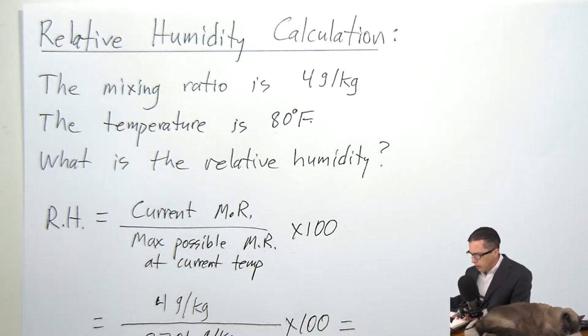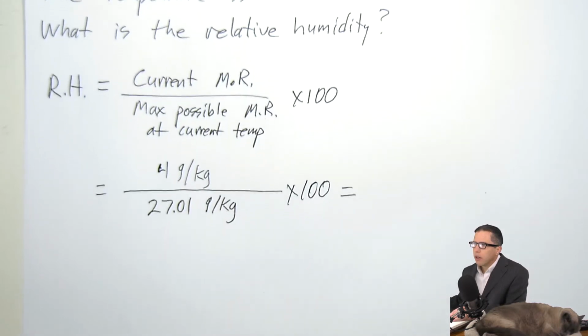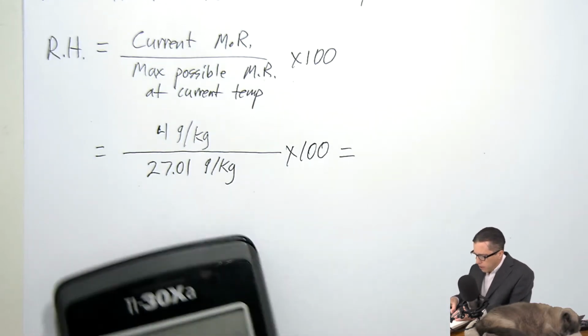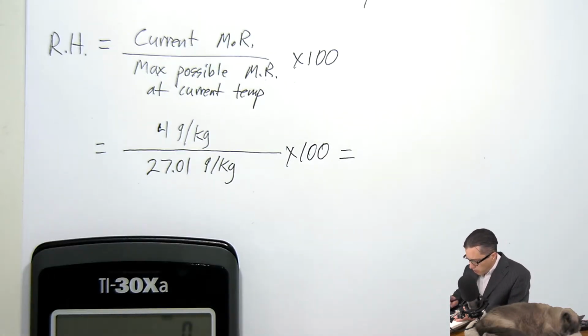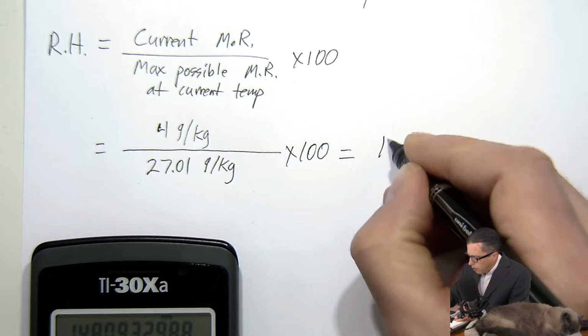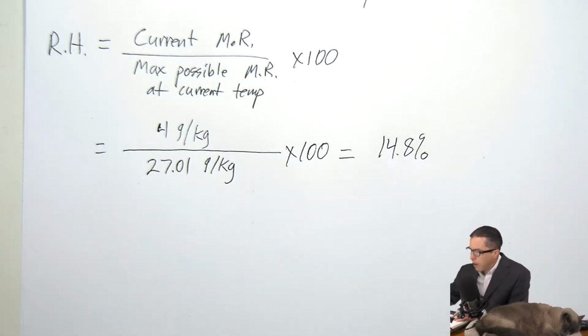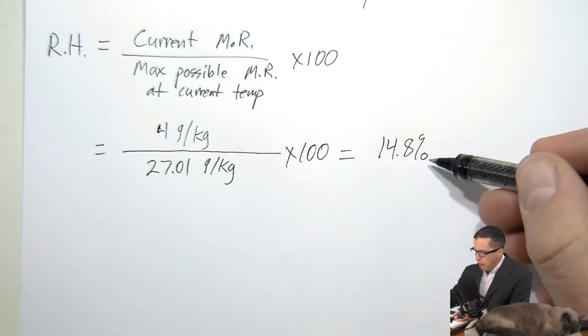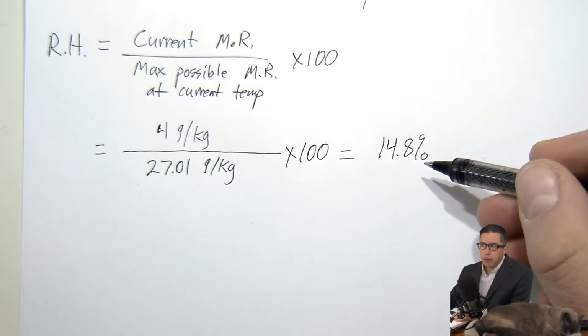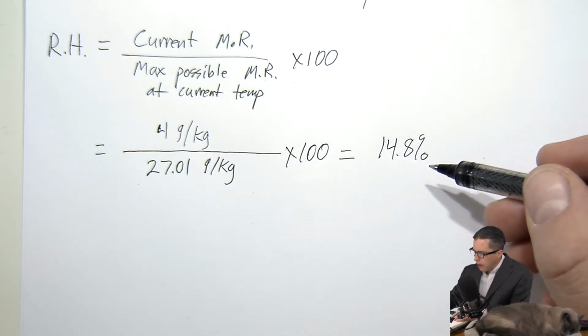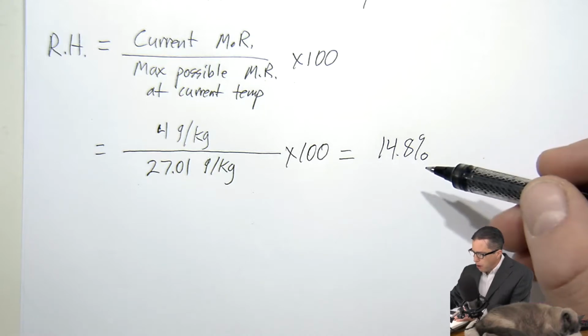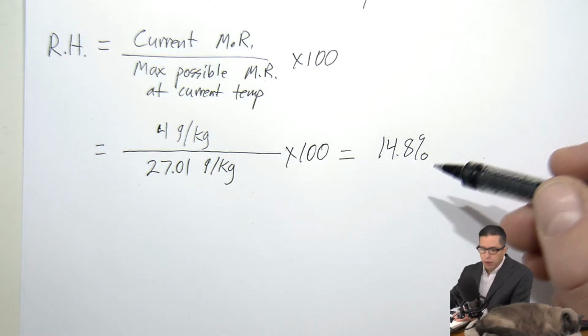All right, so I'm going to do that calculation. 4 divided by 27.01 times 100, and I get 14.8%. Okay, so that's my relative humidity. Now what I'm going to do is change the problem by changing one little thing.